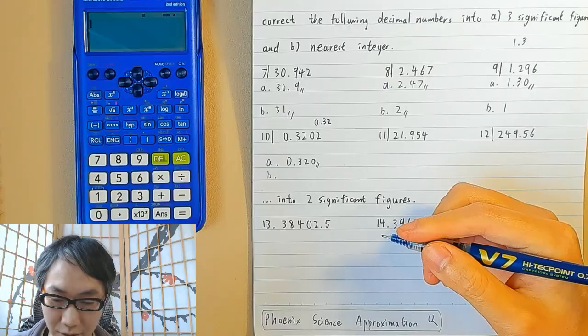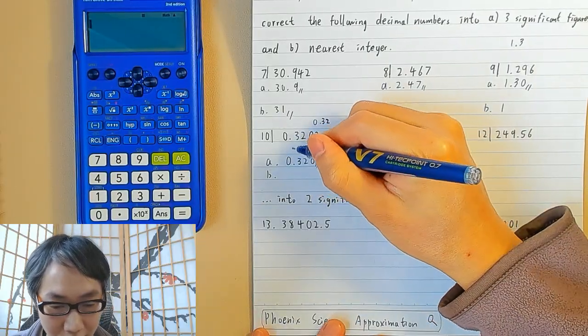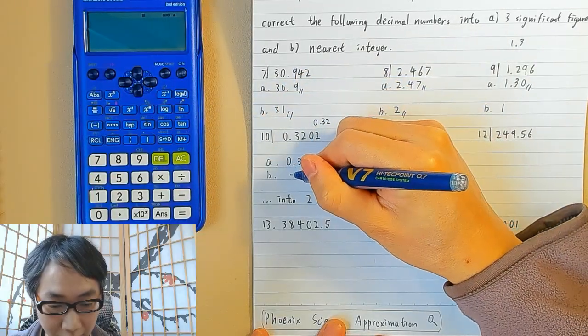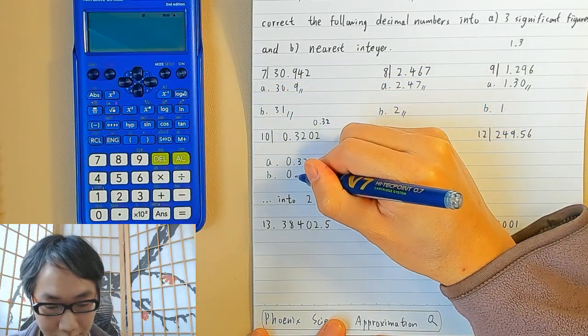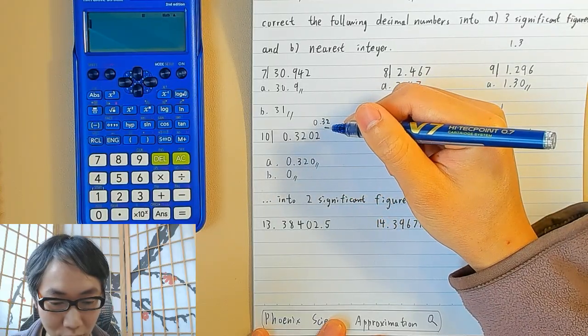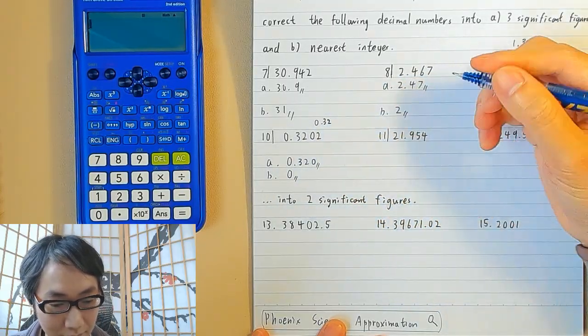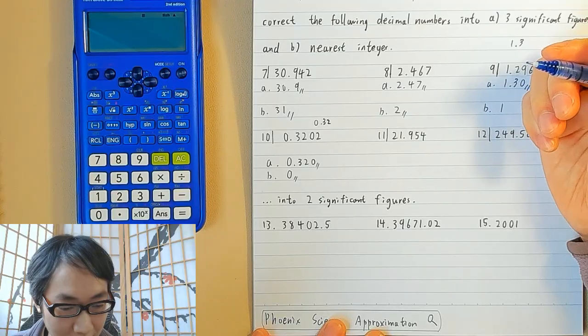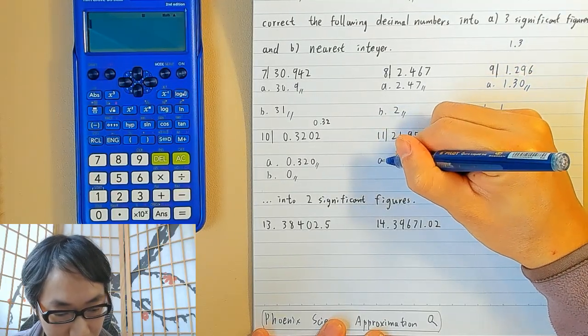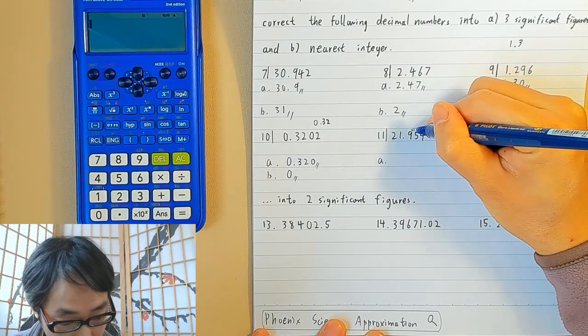And then the nearest integer. The integer is the digit at the left of the decimal dot, and it will be 1, because 1 is closer to this number than 2. So 11. Then three significant figures: 1, 2, 3.